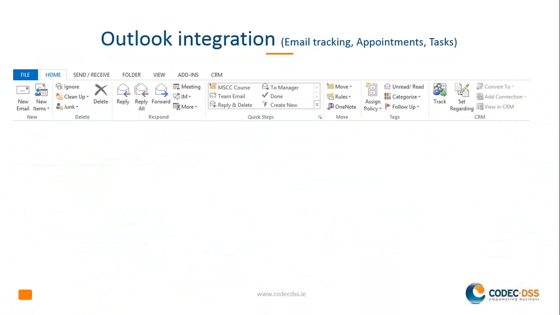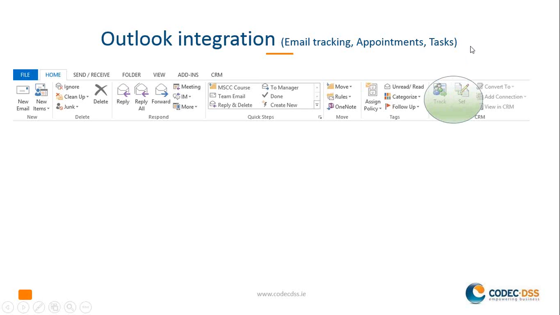Outlook integration. This is important as well, especially if you're using Outlook at the moment, or if you have an existing version of Outlook. CRM can work with the Outlook integration. There is a connection between the system and Outlook. It's already built in. You will find it here as a separate tab, and there is also a functionality called track and set regarding.